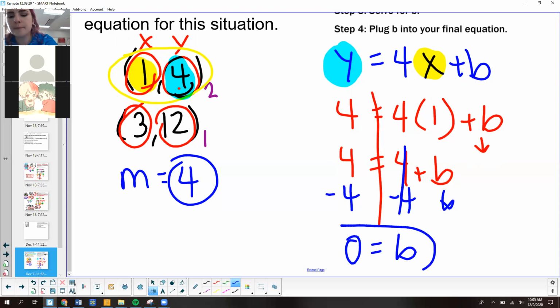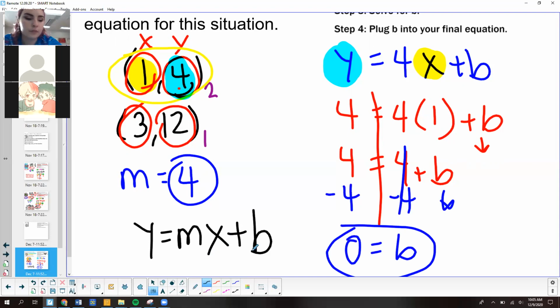So remember, we've got y equals mx plus b. I want you guys to write an equation using what we found. All you have to do is plug in that m and plug in the b.